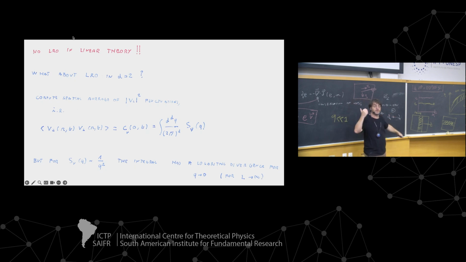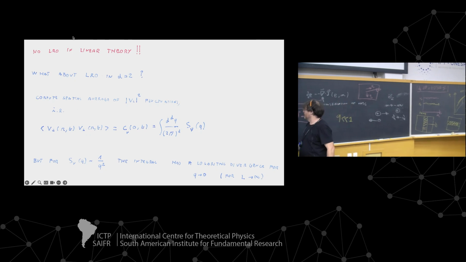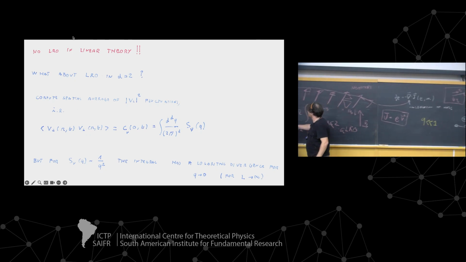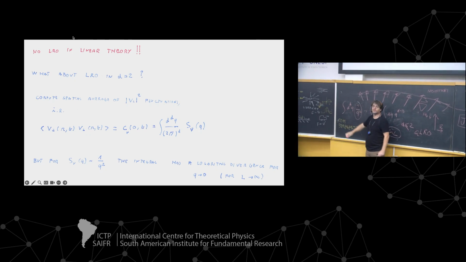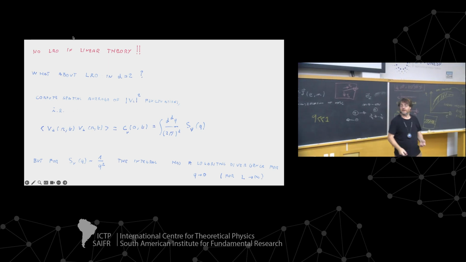It's much simpler than Toner and Tu in 2 dimensions. You just have this Laplacian, so it's already linear. You end up with a structure factor which goes like 1 over q squared, okay? And this is what makes rigorous the argument I gave you the other day.